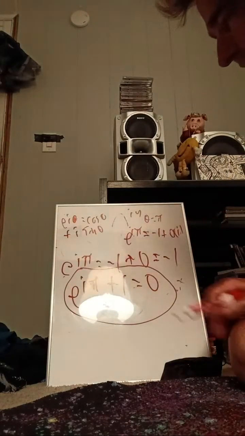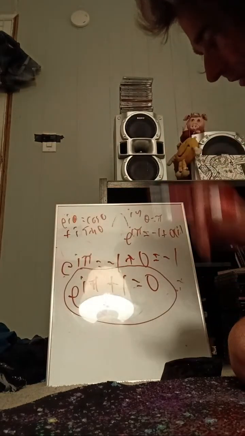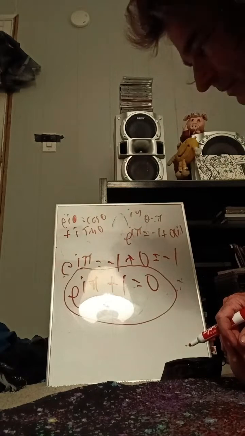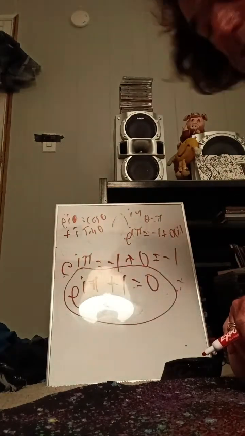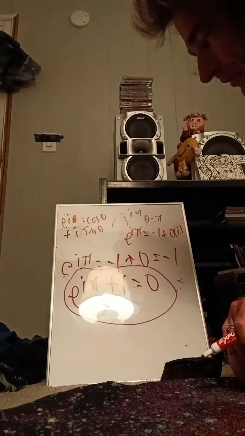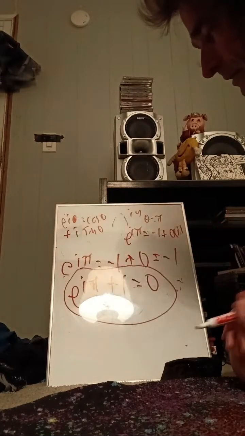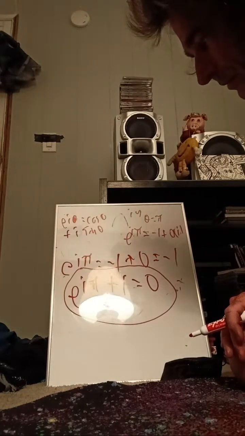It's fascinating because it's got e, which is one of the great transcendental irrational constants in nature and math. It's got i, which is the square root of -1, very important to complex variables and complex analysis. And pi, the other transcendental irrational constant we use a lot in math.